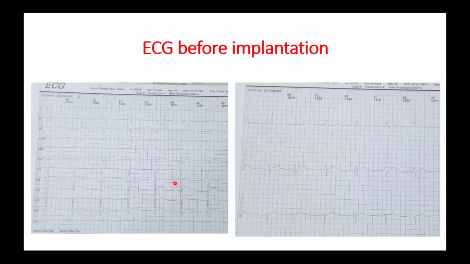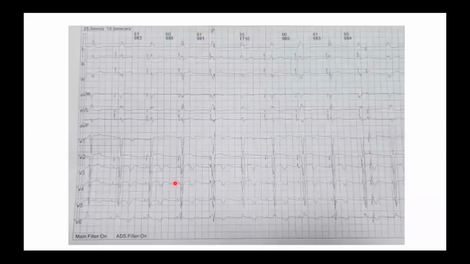Just examine the rhythm very closely. After implantation, this is the ECG. We went for programming, and we tested the atrial sensing and atrial capture and ventricular sensing and ventricular capture and impedance of both the leads.